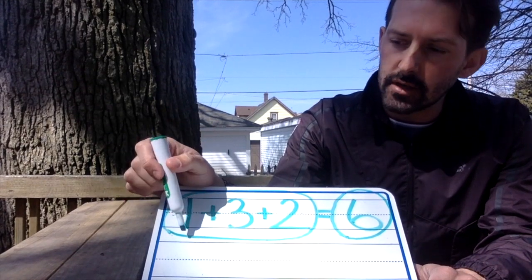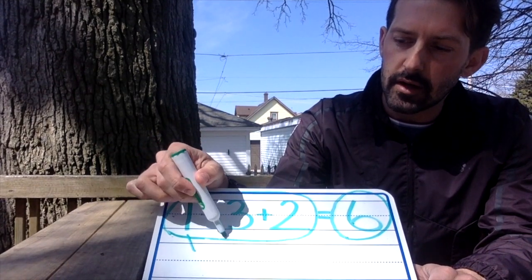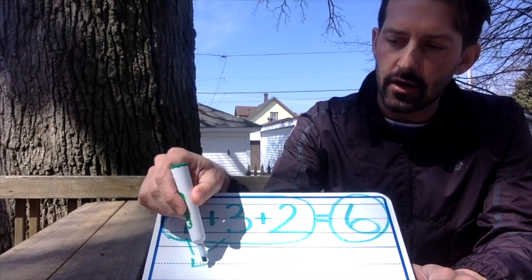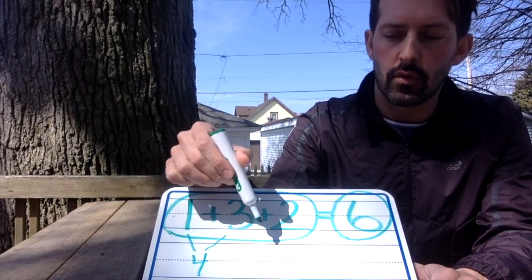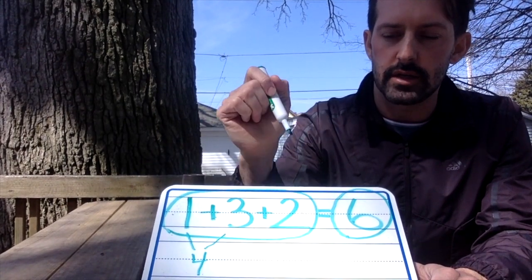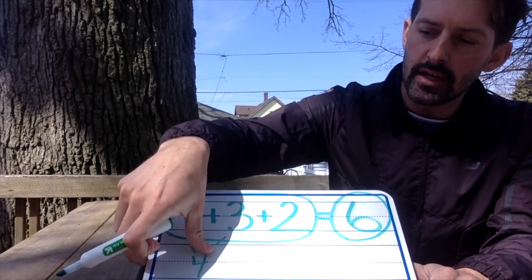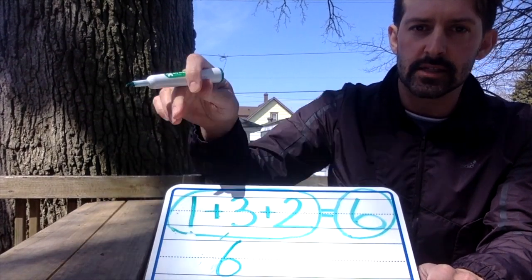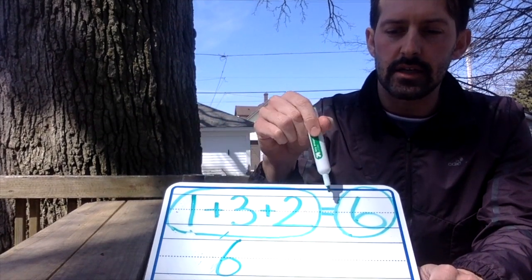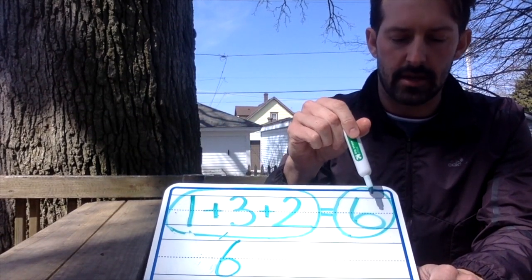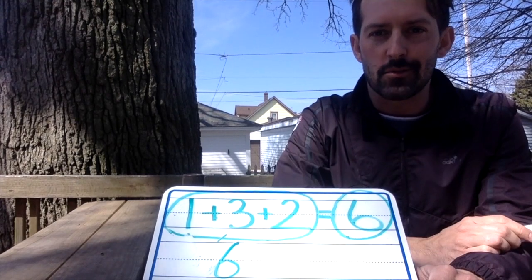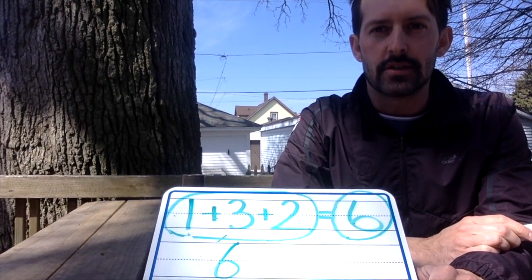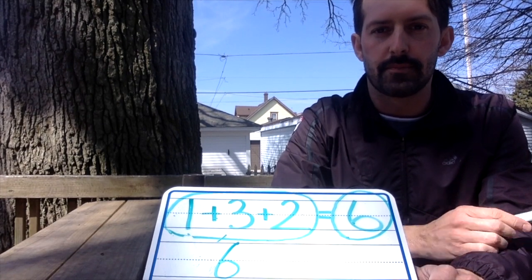I could also take 1 and 3, which I know is 4. 4 plus 2 is 6. So everything on this side of the equation is equal to 6, and that is equal to or the same as 6. Next, we're going to move over to a slideshow to work through some more examples.